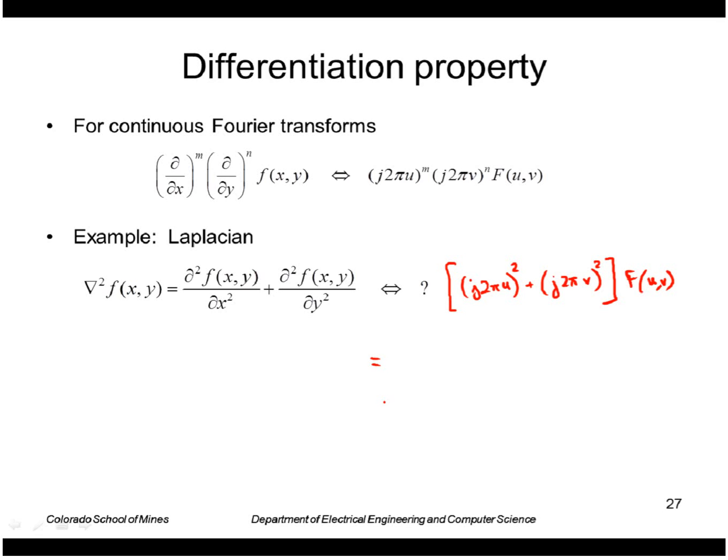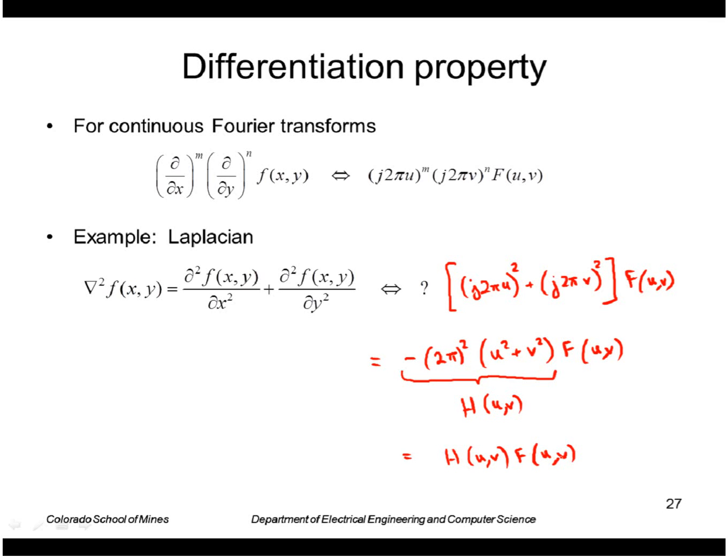So j squared is minus 1, so this comes out to be minus 4 pi squared, u squared plus v squared, times f of uv. We'll see a little bit later why this is interesting, but if you look at this piece right here and call that h of uv, essentially I'm taking h of uv and multiplying by my original transform f of uv.